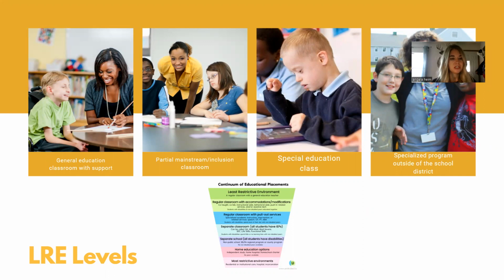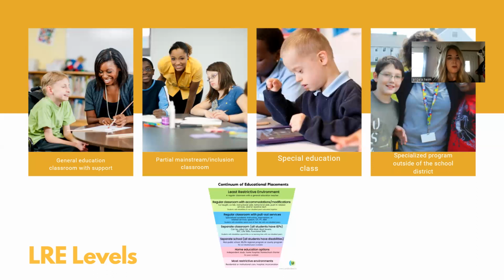The general education classroom with support: the special education student will generally stay in the mainstream classroom, but they might get support from the para, or the teacher will use a modified curriculum for them. There might be some special accommodations like assistive technology and other services. Generally, the people working with the student are mostly the teacher and maybe a teacher's assistant.